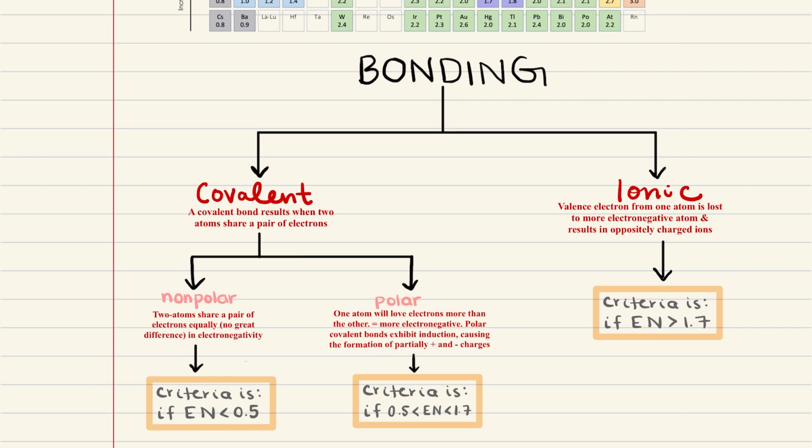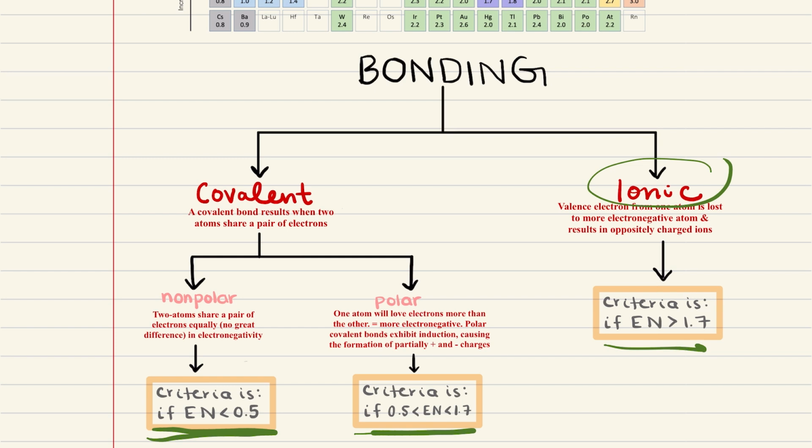You can have nonpolar covalent bonding, where this pair of electrons is shared equally between two atoms, or you can have polar covalent bonding where that pair of electrons is not shared equally. On the other hand, we also have ionic bonding. This is when the valence electron from one atom is lost to the more electronegative atom. And for each of these classifications, we have listed the criteria for electronegativity difference.